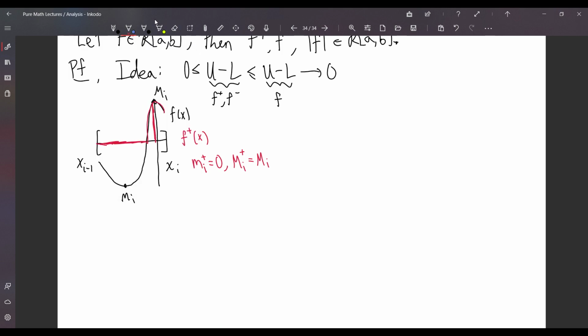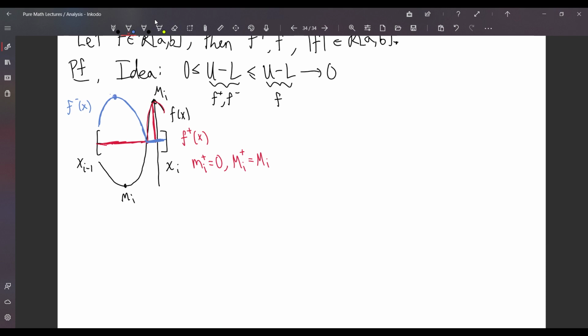Now if we look at the negative portion, f minus, it's going to look something like this. So it's going to be 0 right here, and then it's going to be this portion of the curve that's under the x-axis and then flipped up. So this is f minus of x.